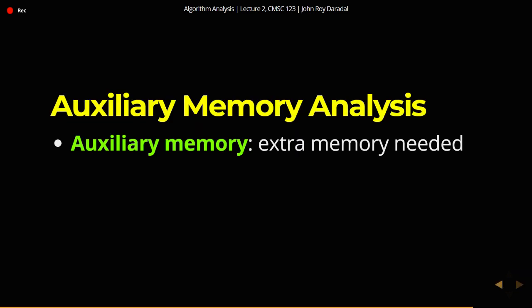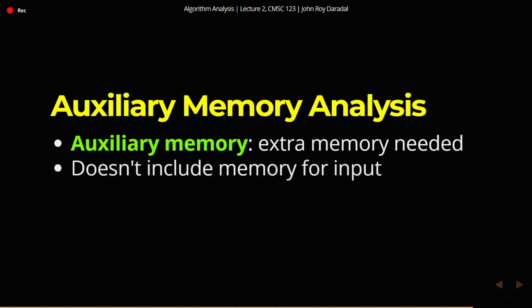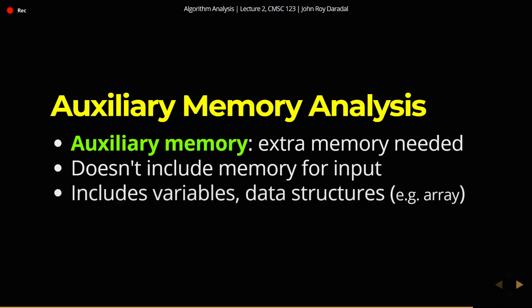And before we end, let's briefly cover how to analyze auxiliary memory as well. So auxiliary memory refers to the extra memory that we need. It doesn't include memory that we need for the input, so that's already built in. But what this includes are variables and data structures that we need for our algorithm.